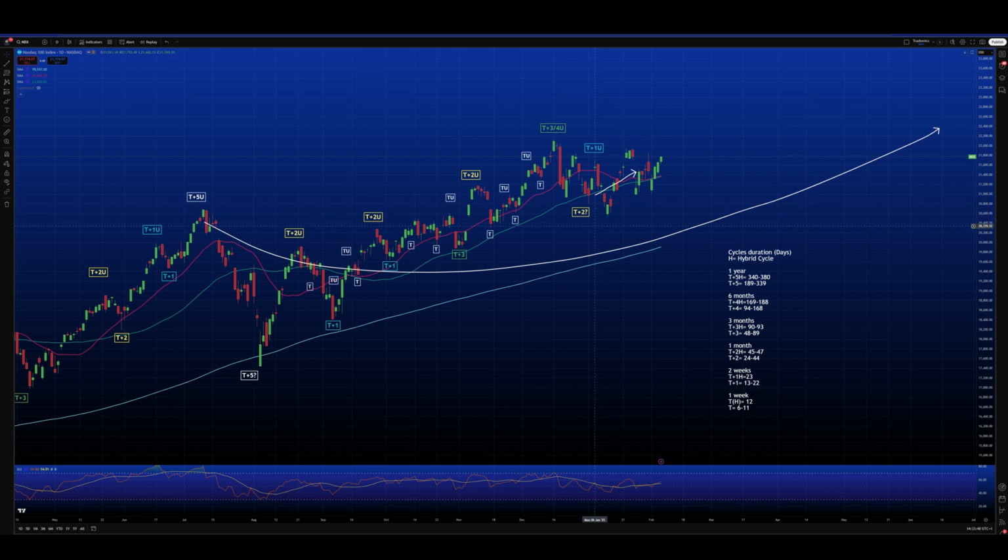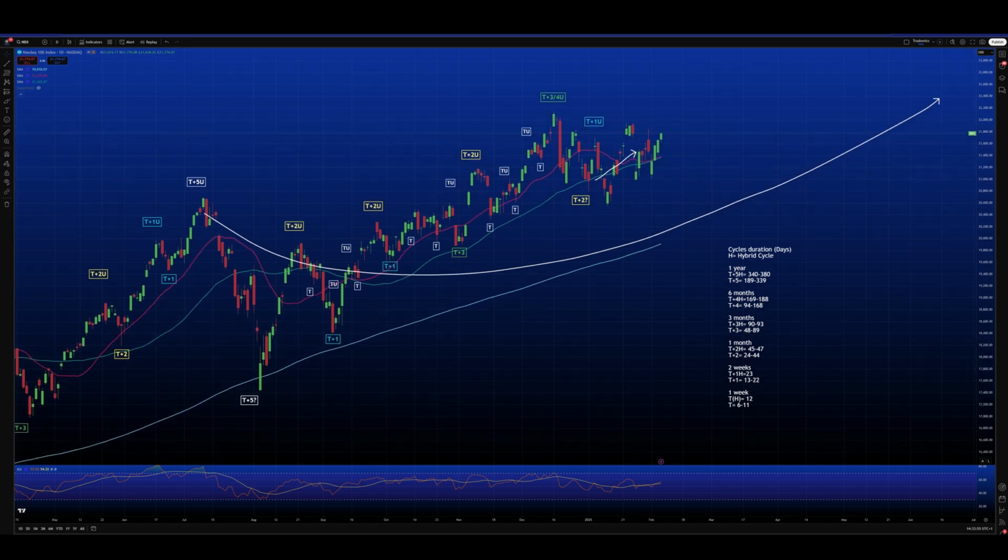So regarding the Nasdaq 100, in the last analysis, I was saying that from this low we could have had a further push to the upside, something that has happened, but the analysis was fairly right, because I was expecting from this low to have a push to the upside, but after an impulse to the upside, we went down, and with this low we went lower than this low, and from this low basically we started a new cycle.